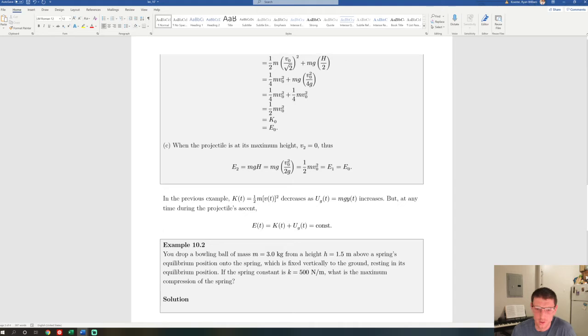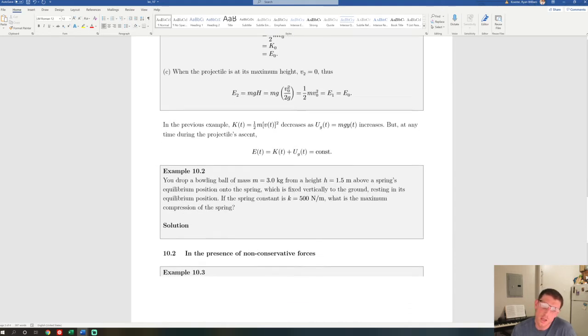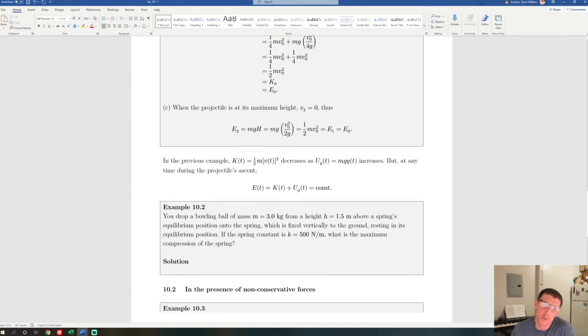Okay, so that's good. Let's look at another example. In this example, we're going to think about dropping a bowling ball, which has a mass of 3 kilograms, from a height of h equals 1.5 meters above a spring's equilibrium position onto the spring, which is fixed vertically to the ground.